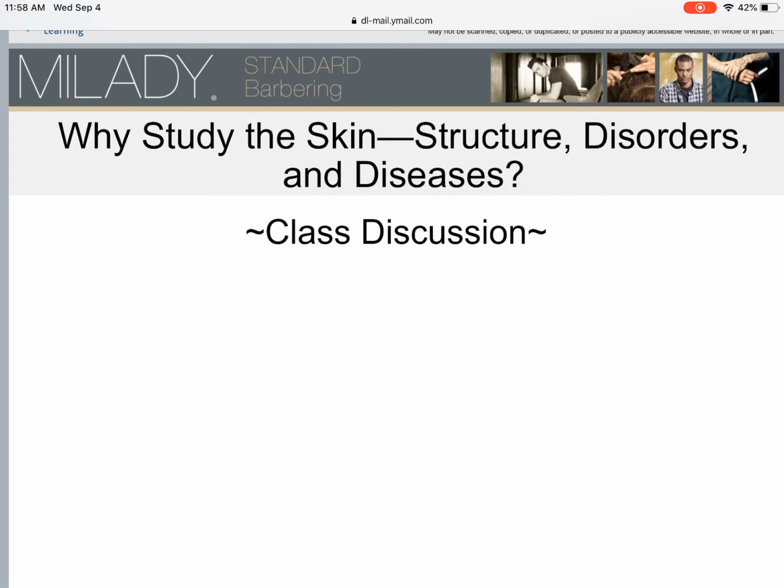Although there are some skin disorders that we do not have the license to treat, some, such as malignant melanoma, which is a type of skin cancer, can be identified by a keen-eyed barber in its early stages, and you can actually save the life of one of your clients. It also helps you become a more well-rounded barber.